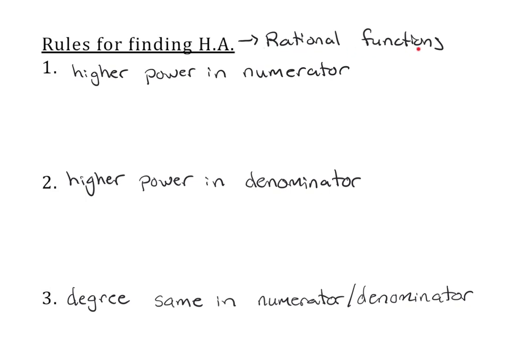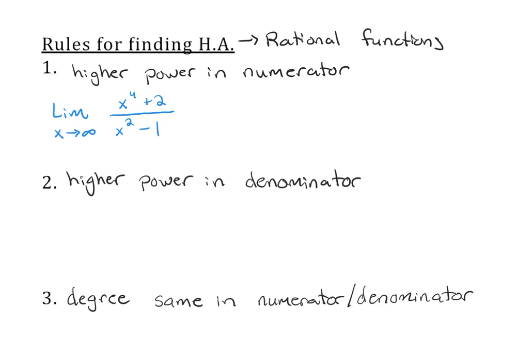So for a rational function, we're looking at the power, the degree, in the numerator. So when do you have a higher degree in the numerator, a higher degree in the denominator, or the same degree in the numerator and denominator? Here we have a rational function where we have a higher degree in the numerator than we do in the denominator. And this is asking, as x approaches infinity, this function approaches what y value?